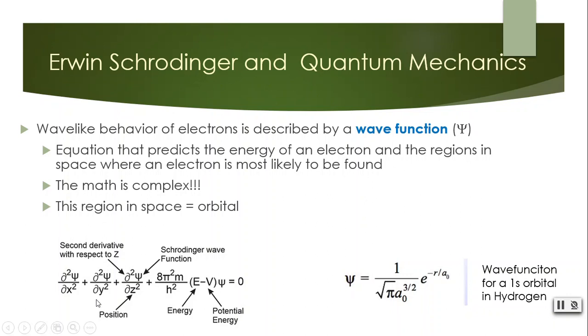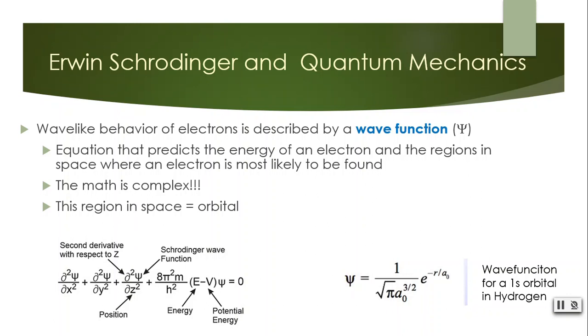Now, these wave functions, as you see, are pretty hairy, pretty complicated. You talk about the mathematics involved with them much more in physical chemistry classes, and you may actually talk about them if you go on in higher level math classes like Calc 3 and specifically differential equations. So we're not going to actually do calculus associated with these wave equations because the math is complex.